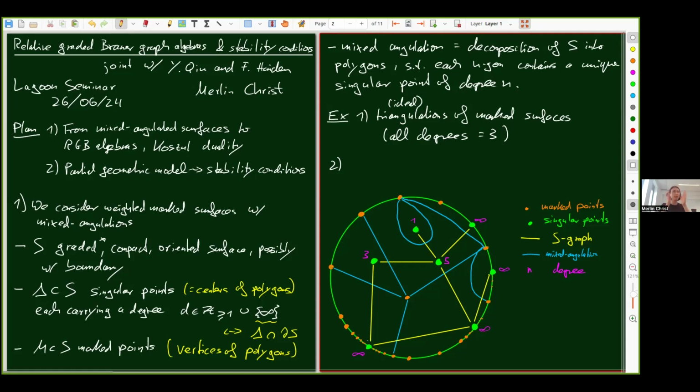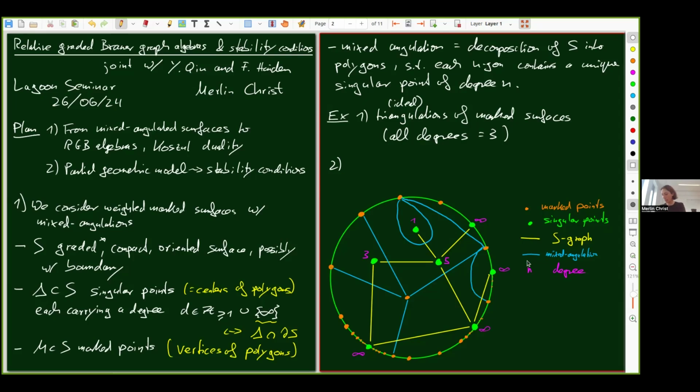And the closer you get, the shorter the distance will be, and they will converge to this point. It's countably many, but dense near the singular point. These are just the decorations, the marked points and the singular points.